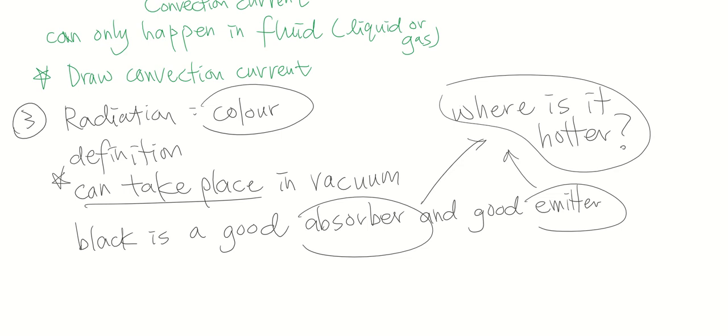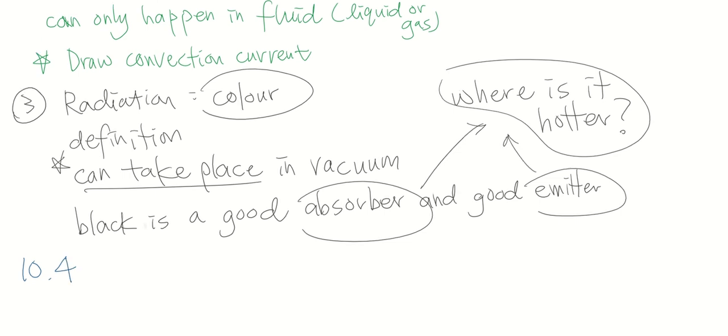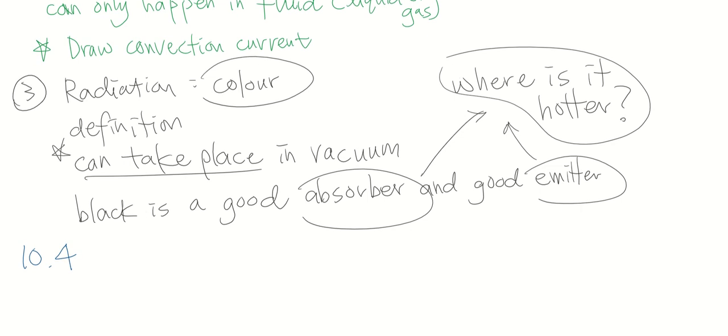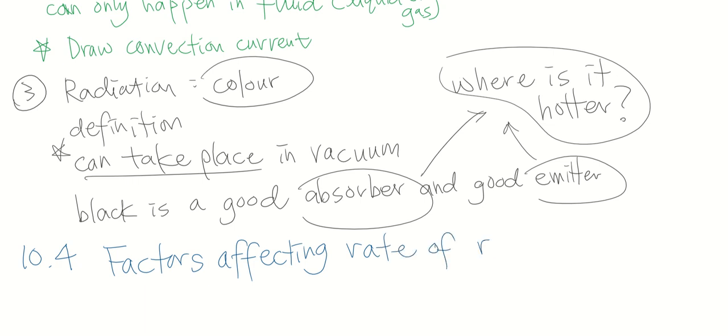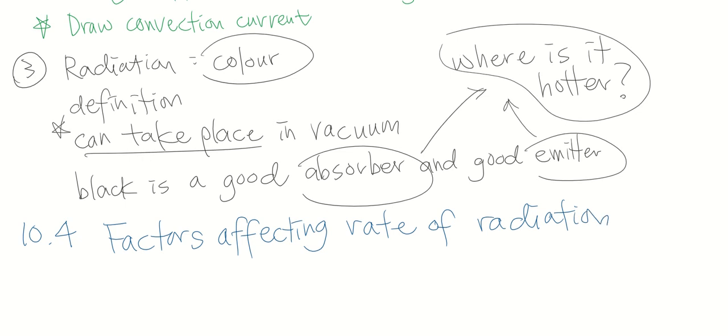Then what is 10.4? The factors that affect the rate of radiation.